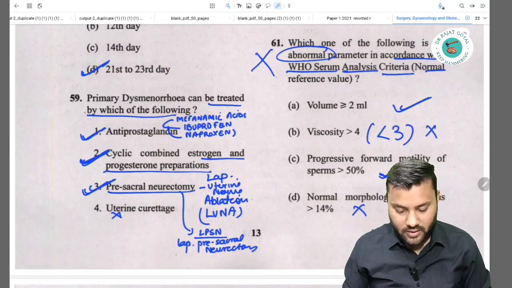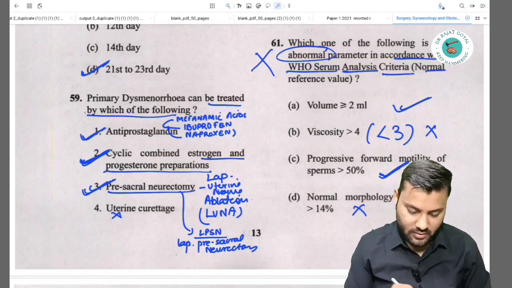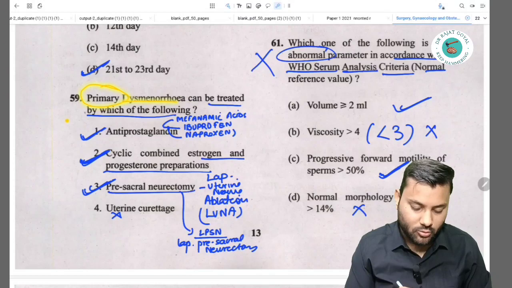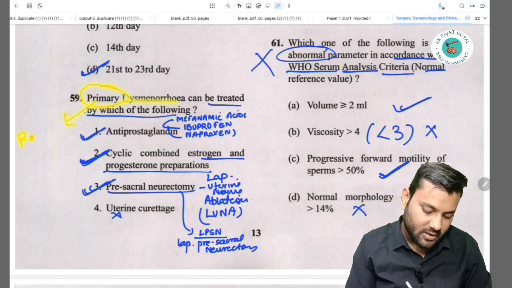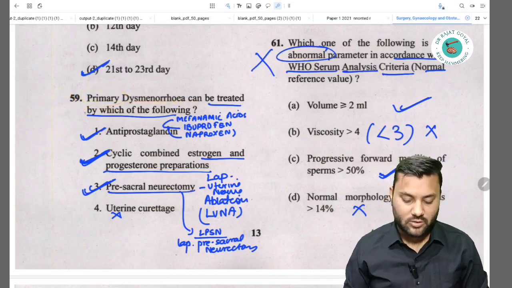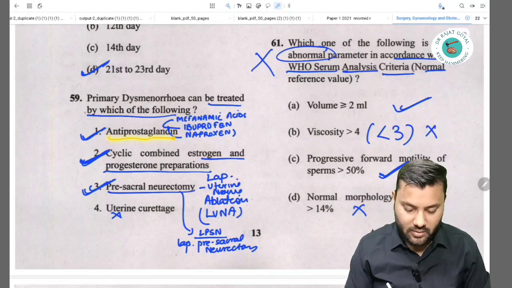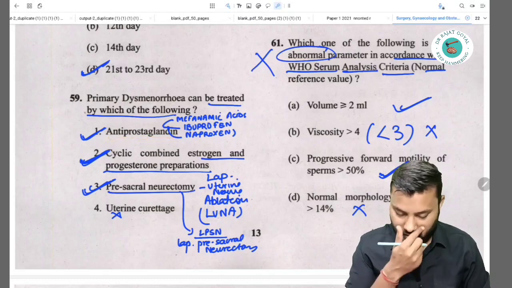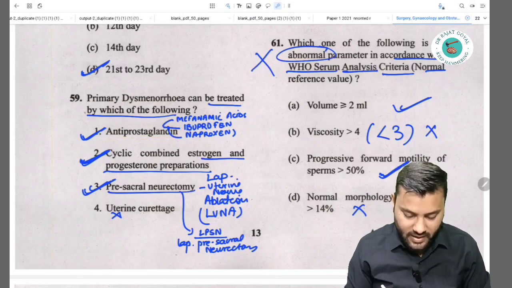Primary dysmenorrhea can be treated by which of the following? If it is asked about primary, there is no pathology behind it, and these are generally cyclic pains which occur at the start of the menstrual cycle. So we can give antiprostaglandins to decrease the pain or inflammation. Cyclic combined estrogen and progesterone preparation can be given. This is also true.